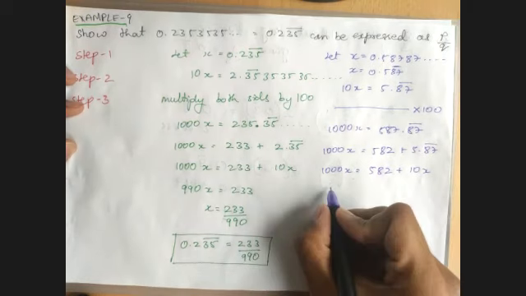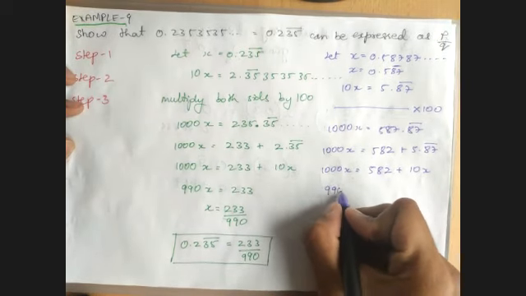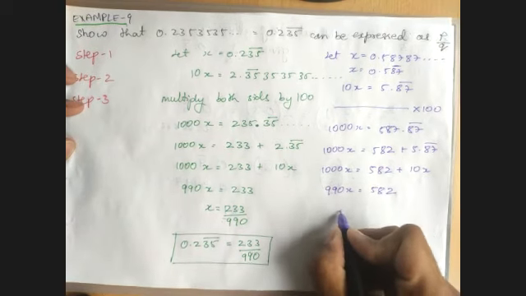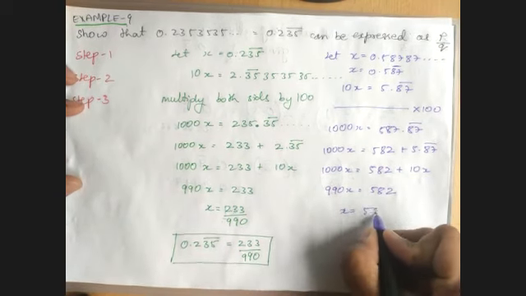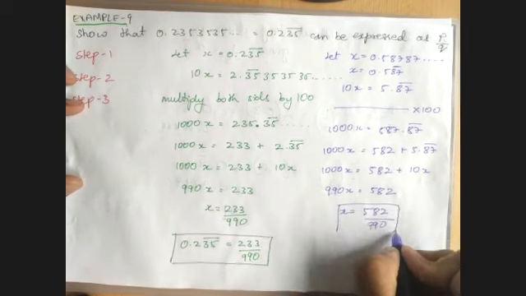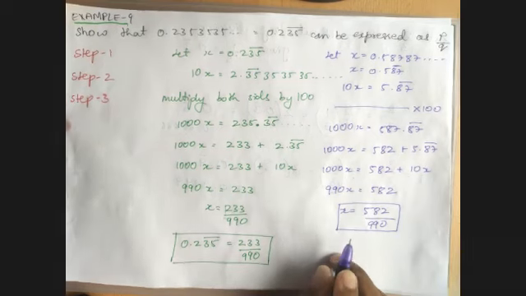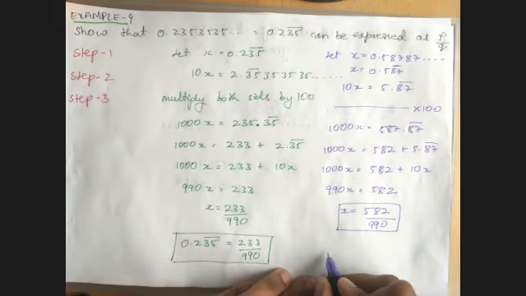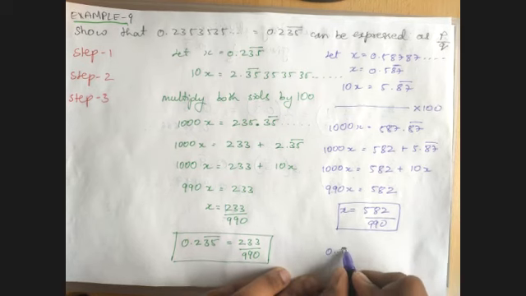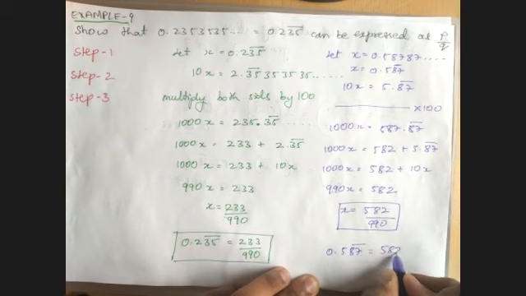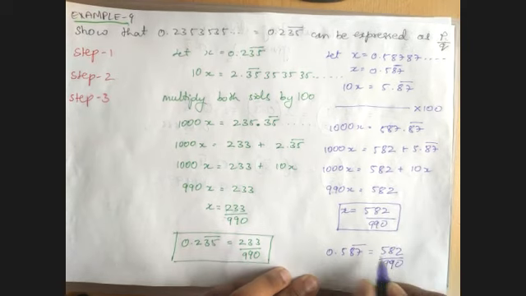So when I subtract it here, it is again 990x is equal to 582. I get x is equal to 582 by 990. You can simplify this if you have time in the exam, or else you can leave it like this itself. So I can write it as 0.587 recurring is equal to 582 by 990.